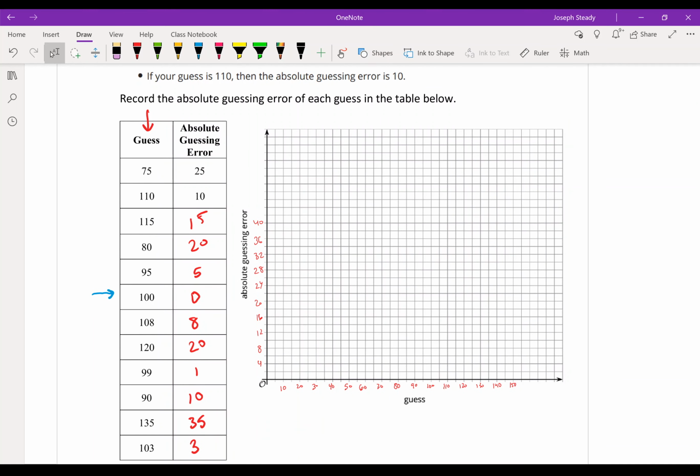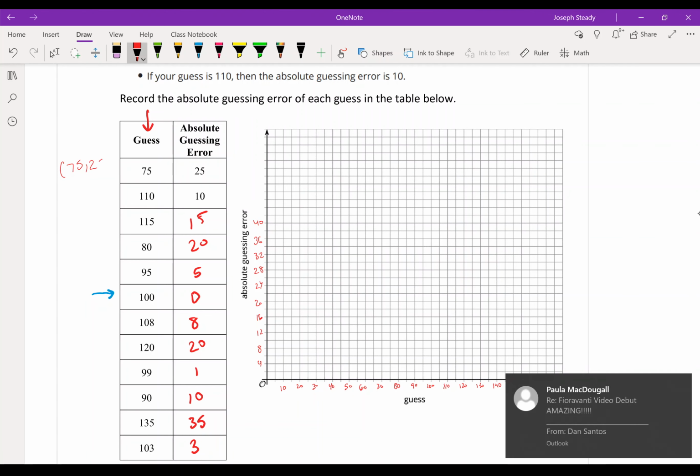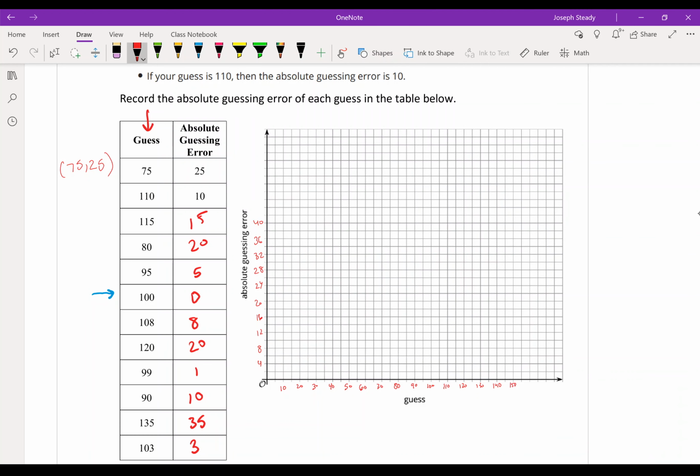So, in other words, I need to take this first point, 75 as an input, 25 as an output, and graph it. So I can think of this point as (75, 25). So I'm going to come over onto the graph here, and I'm going to find where 75 is, which is right here.